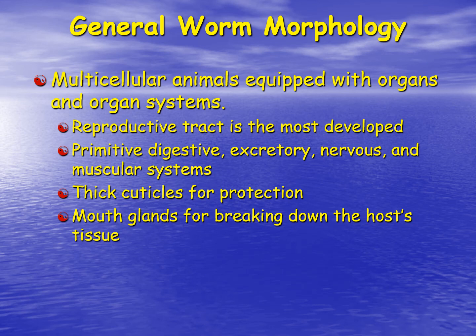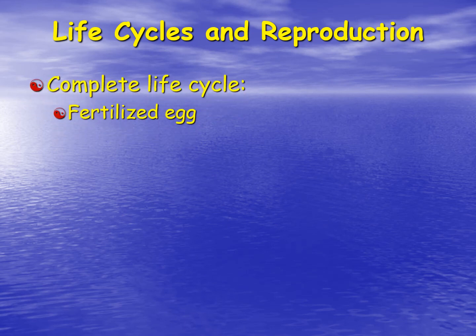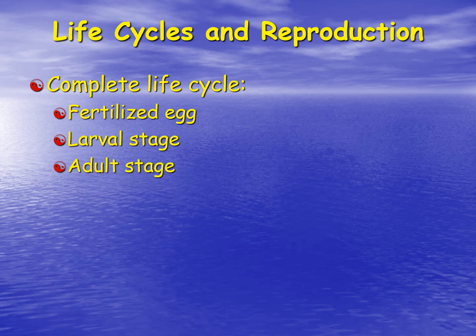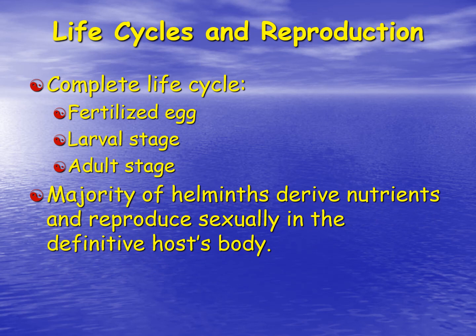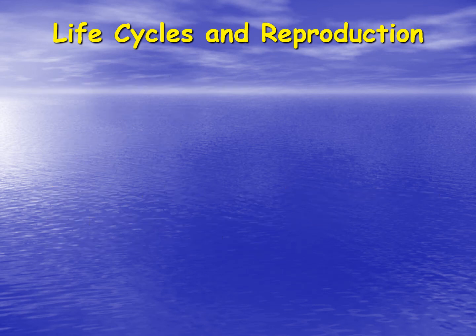Or like the tapeworms, actually just take the nutrients from the host's nutrient stream. Complete life cycle includes the fertilized egg, larvae stage or stages, and the adult stage, which is the reproductive stage. The majority of the helminths derive nutrients and reproduce sexually in the definitive host's body.